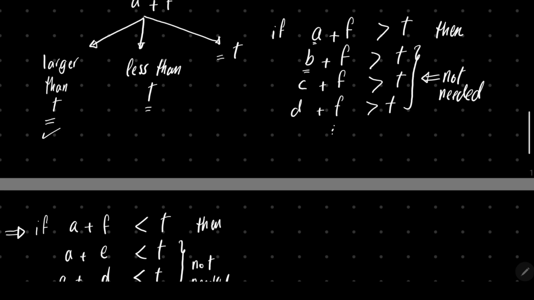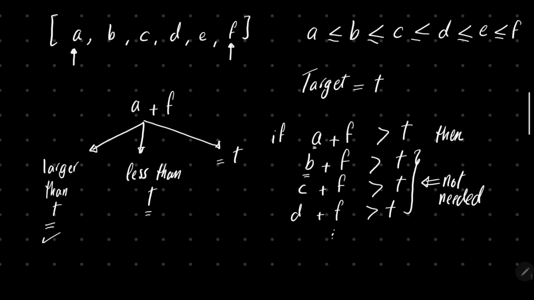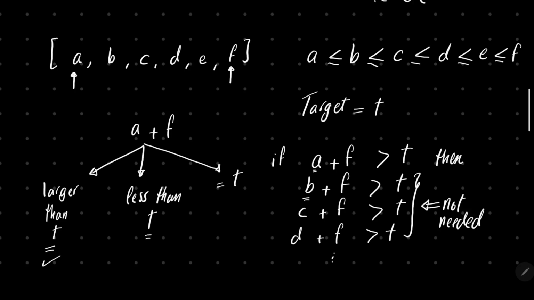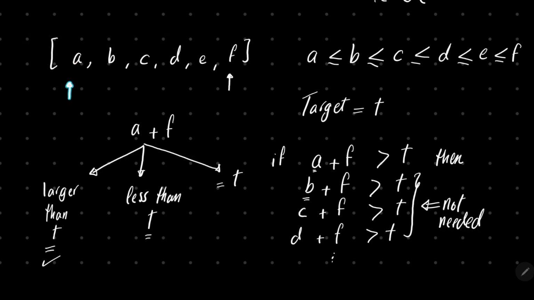So this is basically the intuition of the solution: we start at the far ends, far left and far right. Then we check whether the sum is bigger than T, less than T, or equal to T. If it's bigger than T, then the right pointer needs to move to the left, as we discussed.